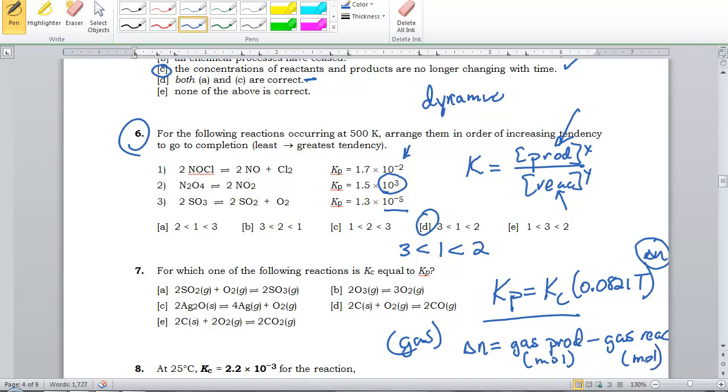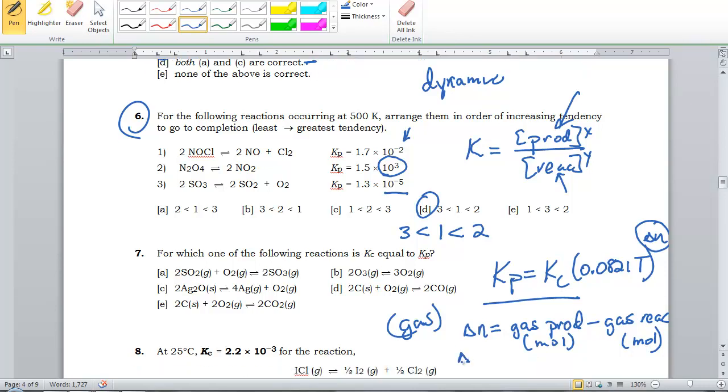So take moles of gas product, subtract moles of gas reactant. If that comes out to 0, then (0.0821 T) to the 0th power is just going to be 1, and we will end up with Kp equals Kc. So let's see if we can find one where the moles of gas do not change in going from reactant to product.